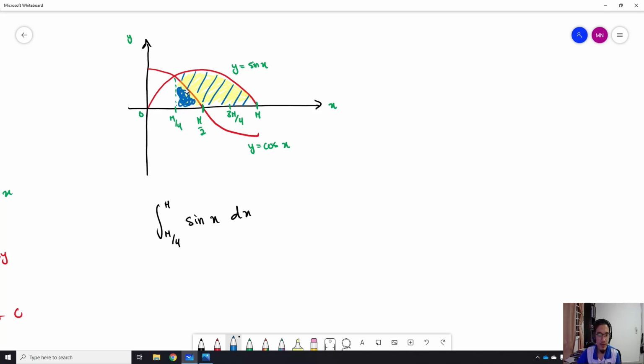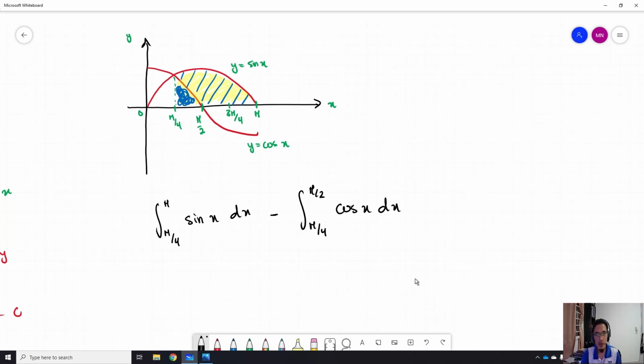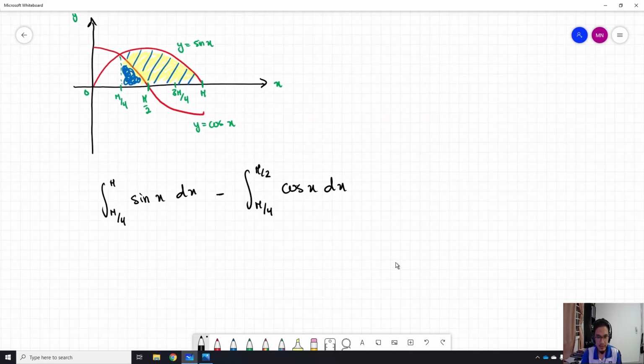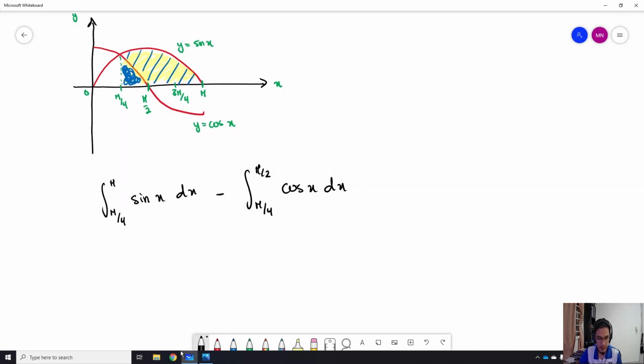So to remove that part, we have to minus the region from pi over 4 until pi over 2 under the graph of cosine x dx. Okay, so then we do our work from this equation of integration.